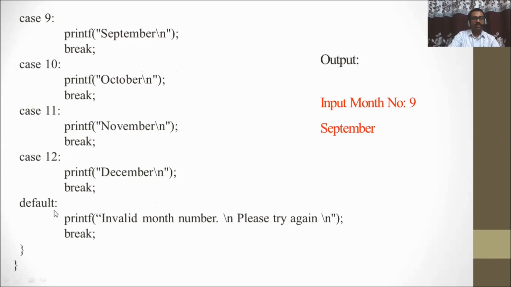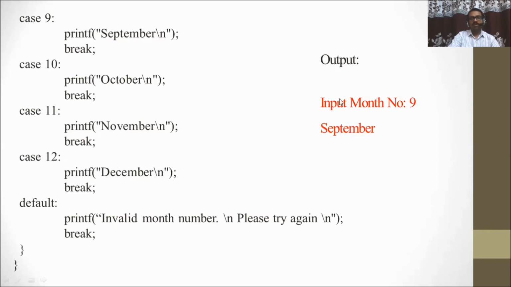The last is default. If the user gives a value that does not match 1 to 12, suppose 15, the value does not match any case, so the default block will execute, printing the message invalid month number, please try again, and then break.